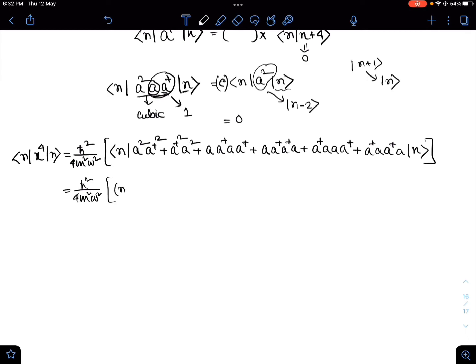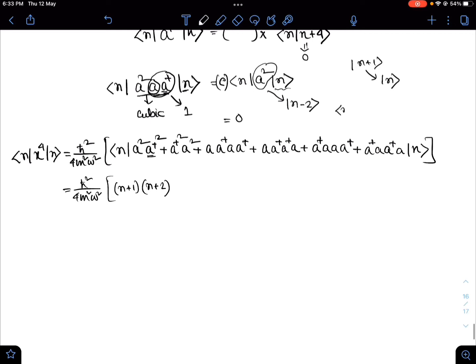So let us evaluate this. So this is easy. Let me do one term here: n a square a dagger square n. First we will apply a dagger to this, and there will be a factor root over n plus 1, giving the n plus 1 state.